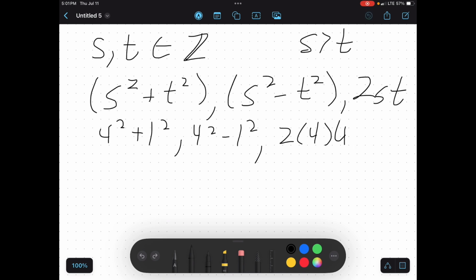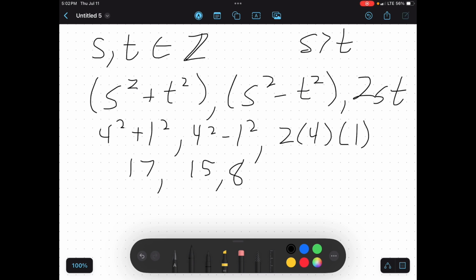So if we can do better, we should do better. 4 squared plus 1 squared, that's 17. 4 squared minus 1 squared, that's 15. And 2 times 4 times 1 is 8. So in reverse order, we are implying that 8, 15, 17 is a Pythagorean triple.